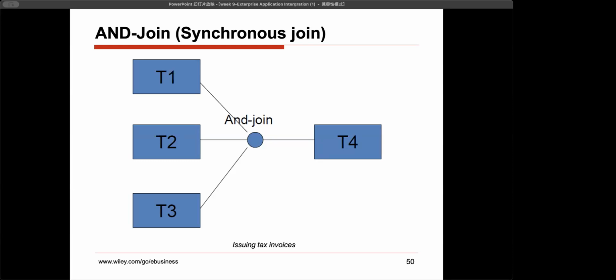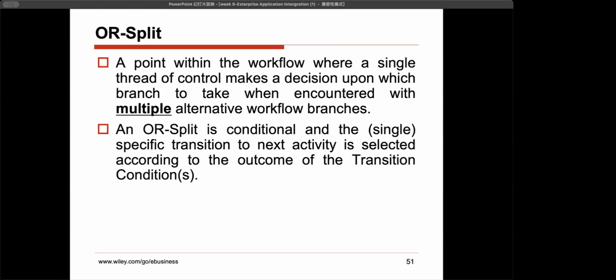For example, issuing a tax invoice here, we will have the customer information, the trading date and the amount of money. And after we have processed every piece of information here, we meet a join right here. Then we have this T4.